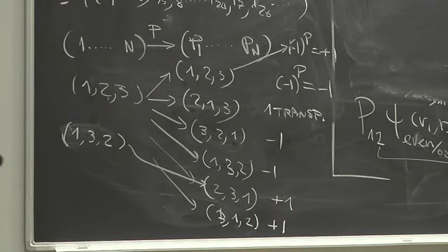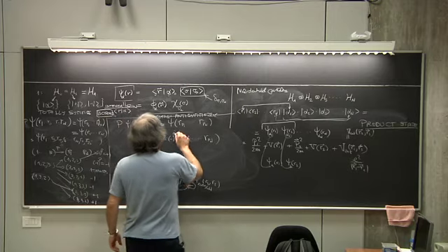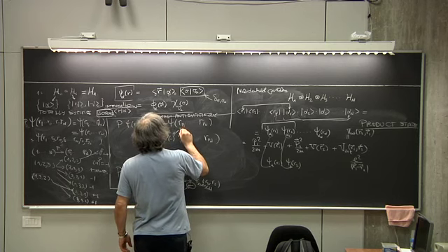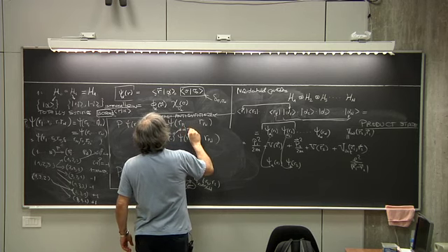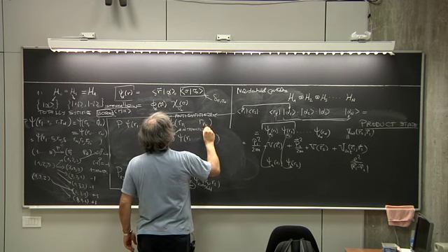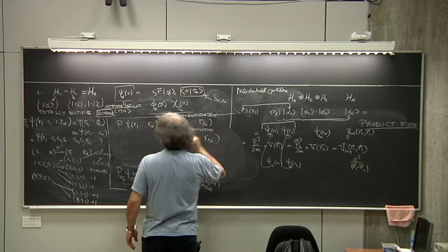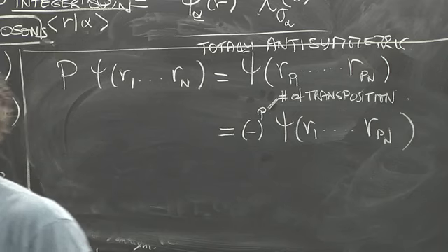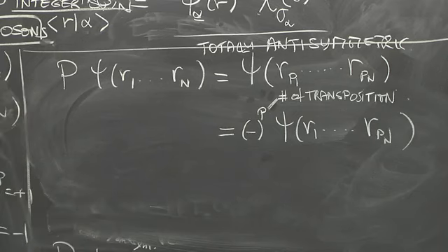So the sign that you have to put here is (-1)^P, where P is the number of transpositions which make the permutation. Now you might object, but is this number unique? No, it's not unique, but the parity is unique.